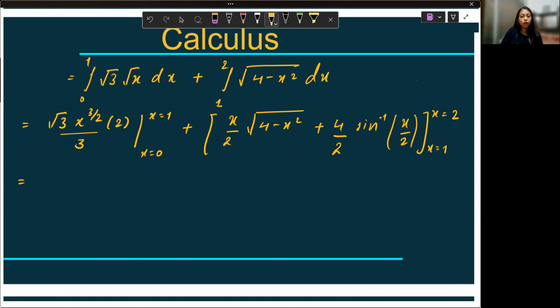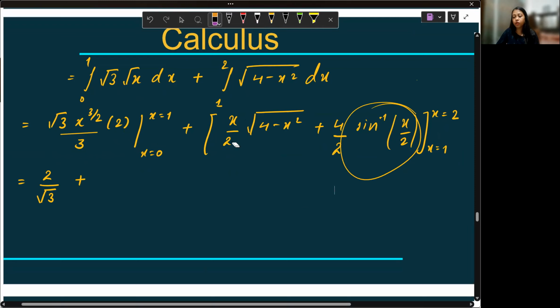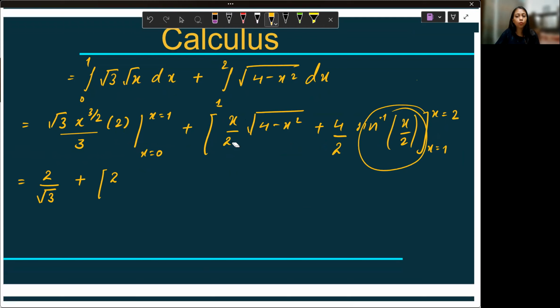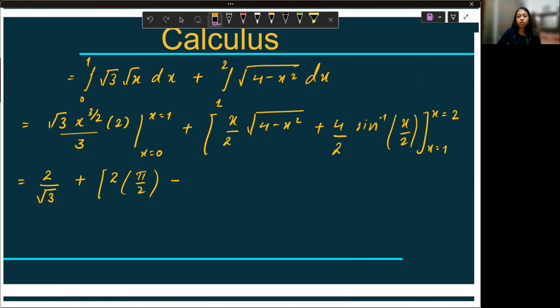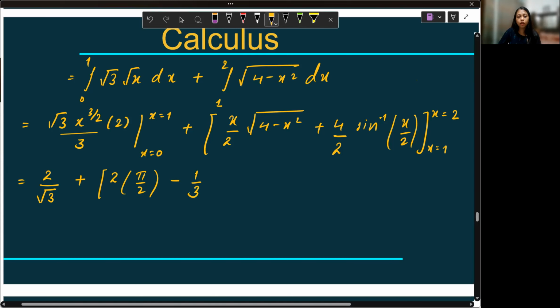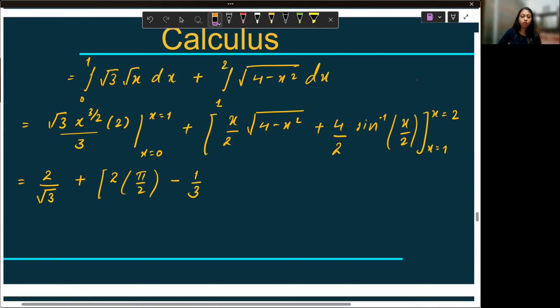Now this is 2 by root 3 plus, if I substitute 2, this will become 0. This will be there on substitution of 2. So I'll have 2 times sine inverse 1, which is pi by 2, minus, substitute 1. This side, it will be half of, I'll substitute 1 here, it is root 3.